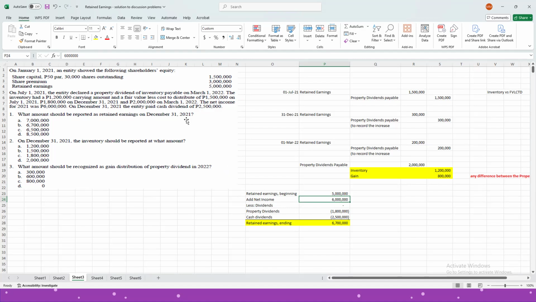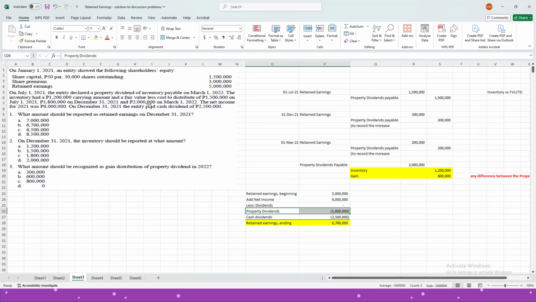Ayan, kaya important na nag-highlight ka ng dates kasi ang bilis magkamali na kunin mo yung 2 million as property dividends. But remember class, the property dividend as at December 31, 2021 is only 1,800,000.